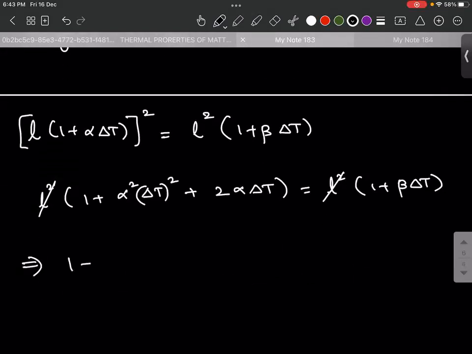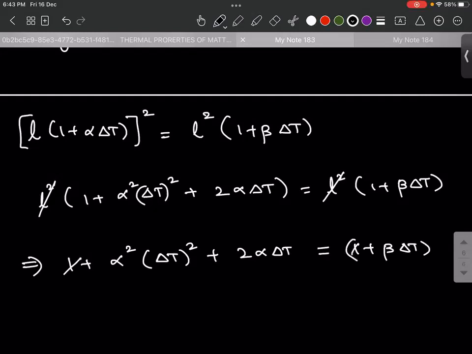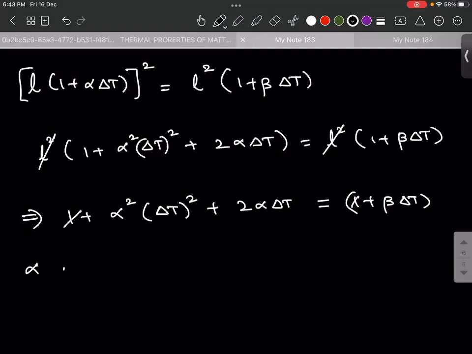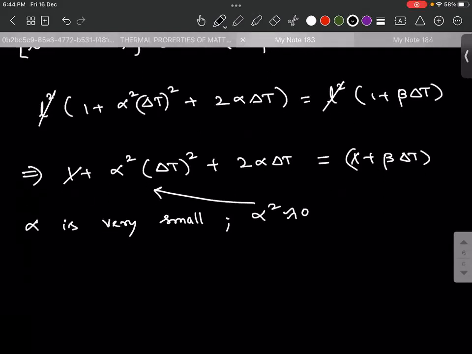From this I can conclude that (1 plus alpha square into delta T) the whole square plus 2 alpha delta T is equal to 1 plus beta into delta T. So 1 and 1 are lost. And remember, alpha is very small, such that alpha square can be approximated to 0, meaning I can take this value and put it here, which will become a 0. So what are we left with?